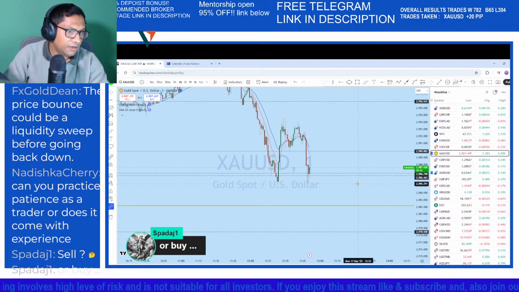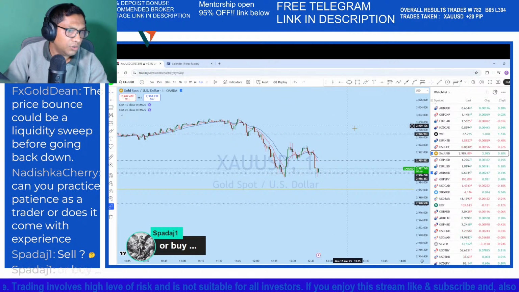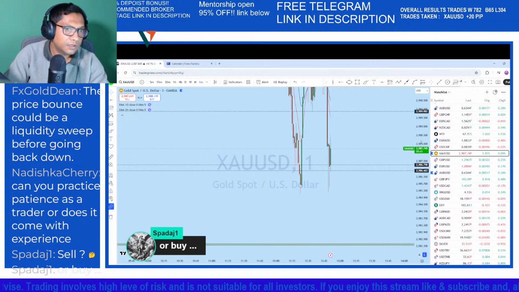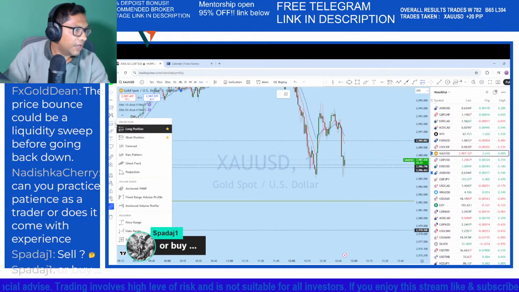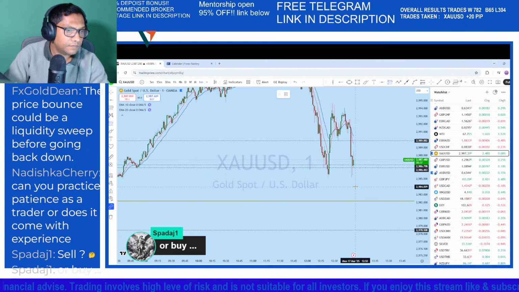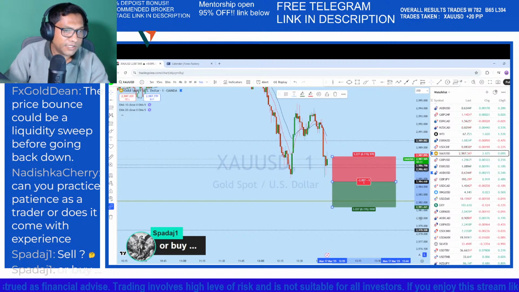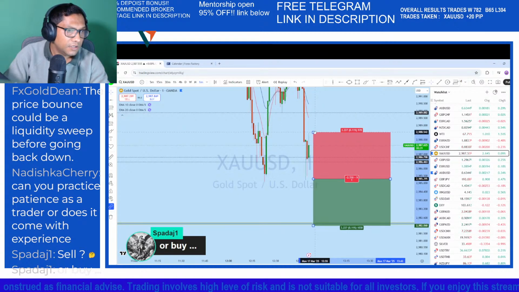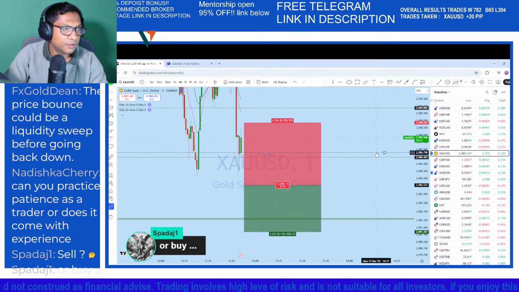So it's again having an upside bias here on XAU USD. And with that movement, okay, I will be placing here a pending order, a sell stop above this high, with the stop loss.